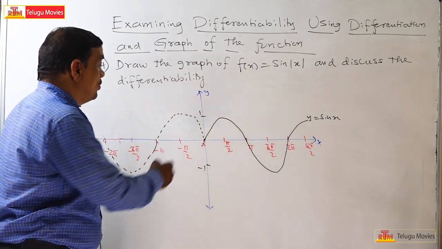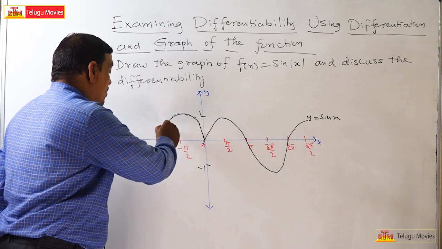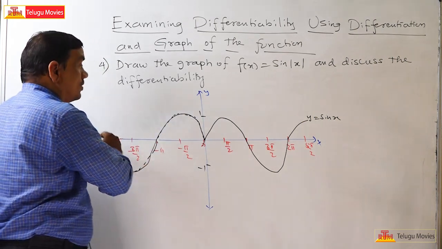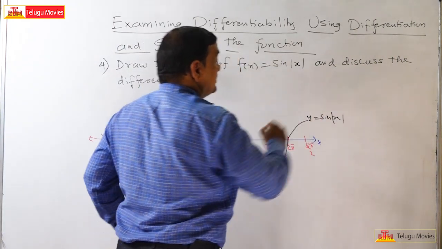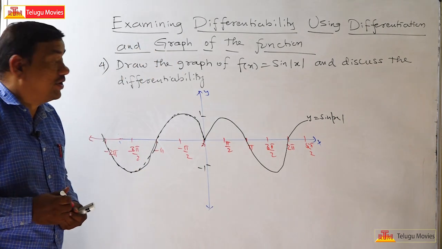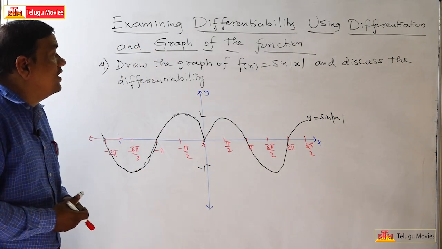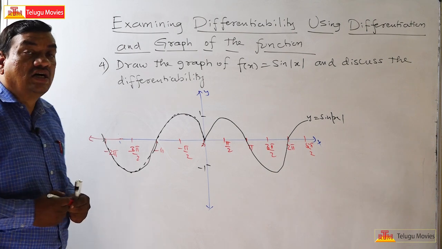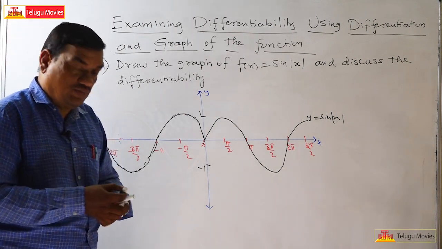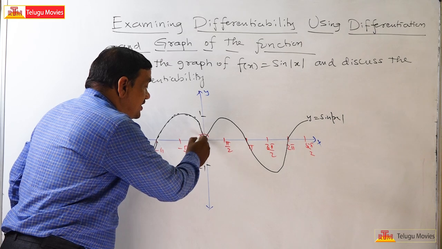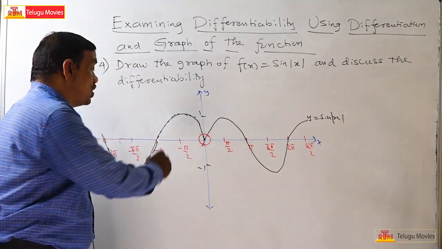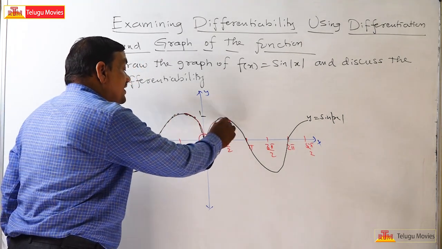Okay now, right. So this is the graph of y is equal to sine of mod x. Now clearly, where is it non-differentiable? If you observe here, is there any sharp edge here? It is coming sharp here.